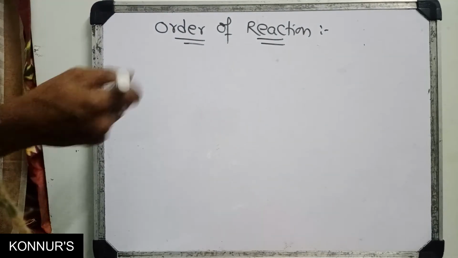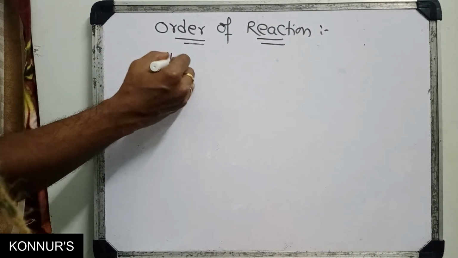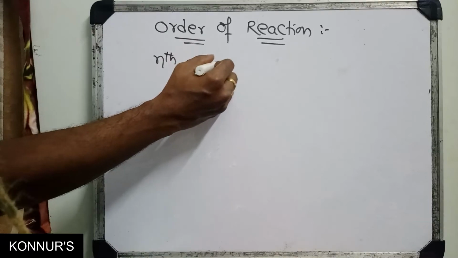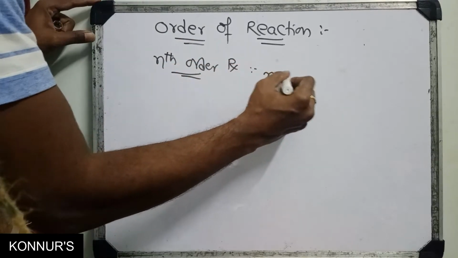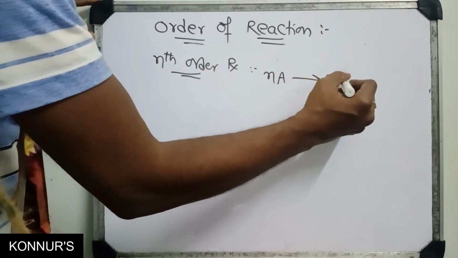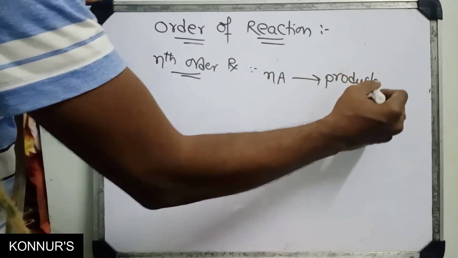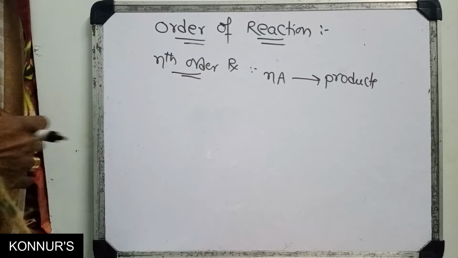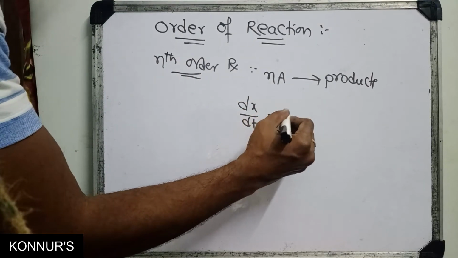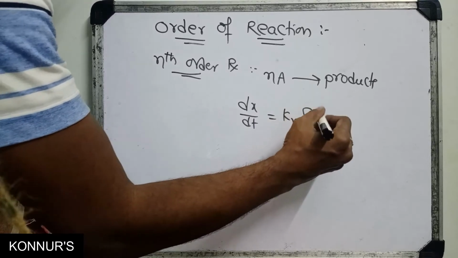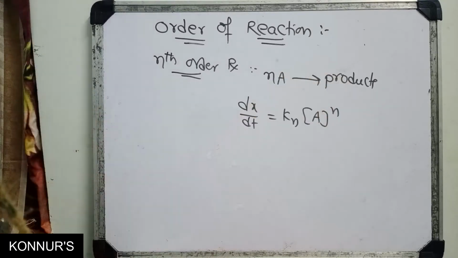Suppose you take an nth order reaction. A gives rise to products. So the reaction rate dx by dt equals Kn times a to the power of n.